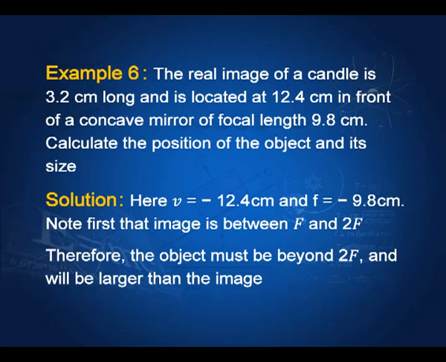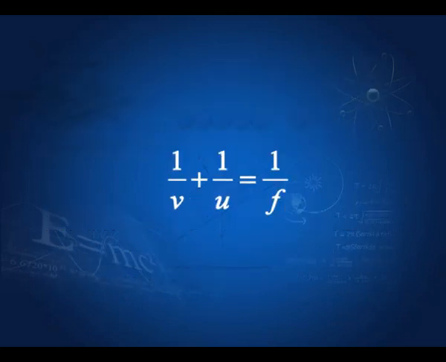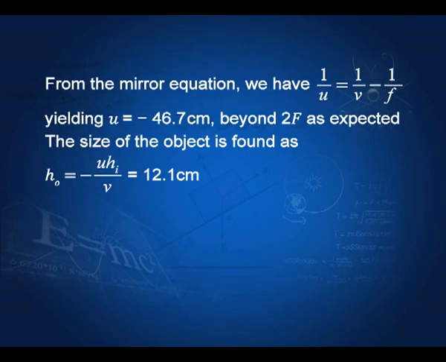We shall find u by the formula 1 by v plus 1 by u is equal to 1 by f, and if we use the signs of v and f, then we get 1 by u is 1 by v minus 1 by f. We substitute the values, and from the mirror equation we get u equal to 46.7 centimeters. So, we have got u, we have got v, and v by u is the magnification.